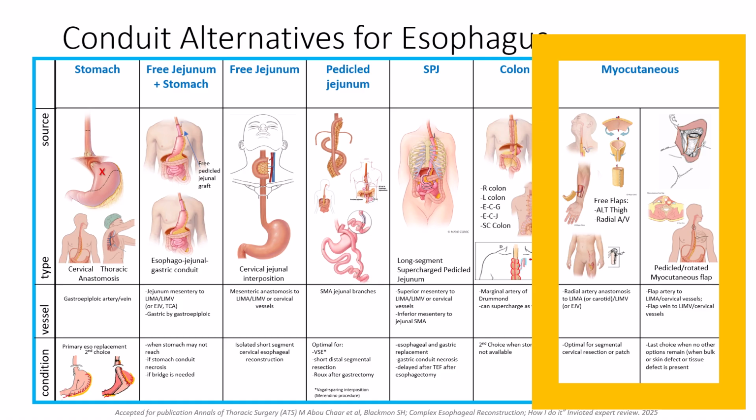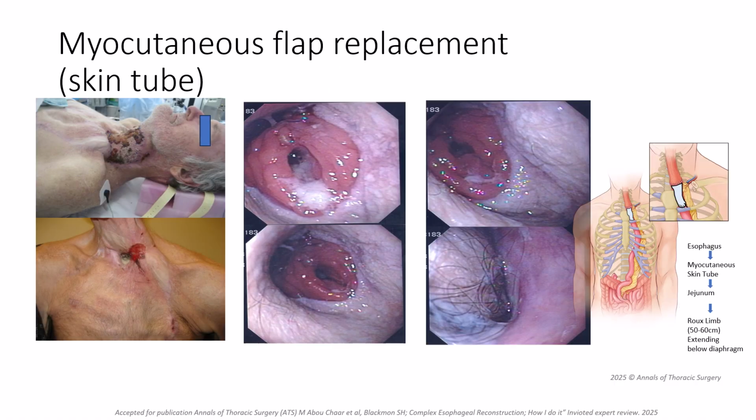Looking at other myocutaneous flaps, this particular patient had a gap that needed to be bridged between the terminal end of the esophagus and a supercharged pedicled jejunum.